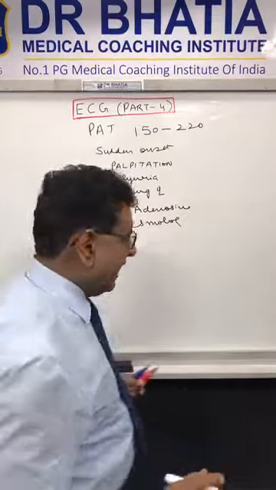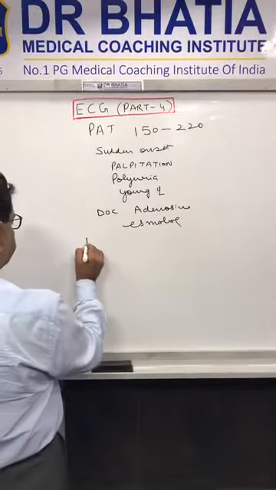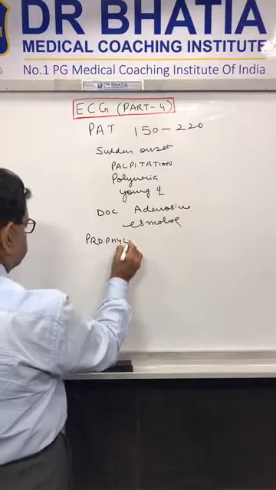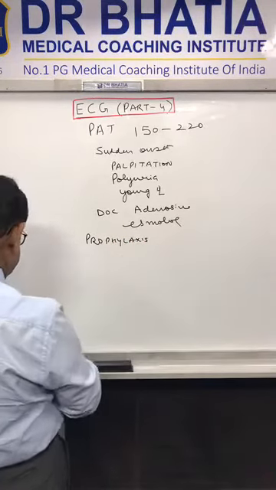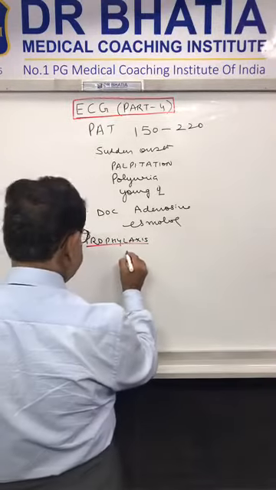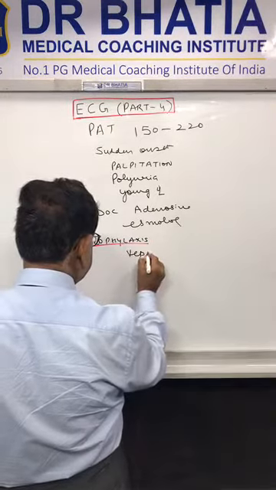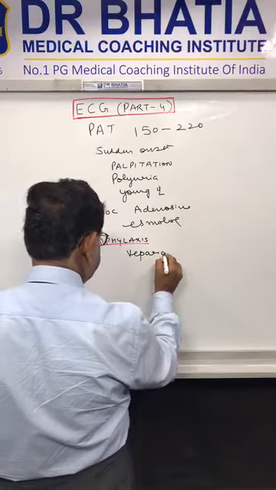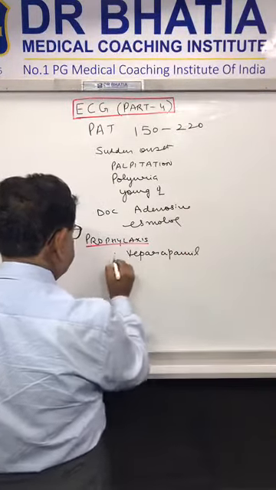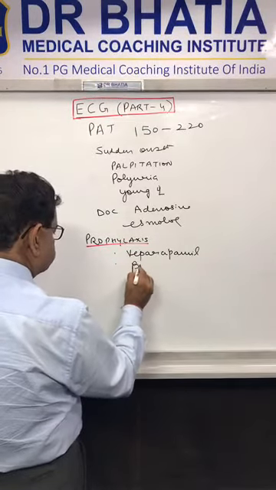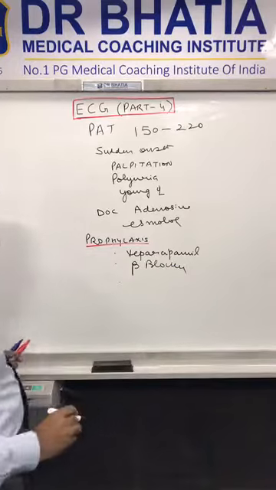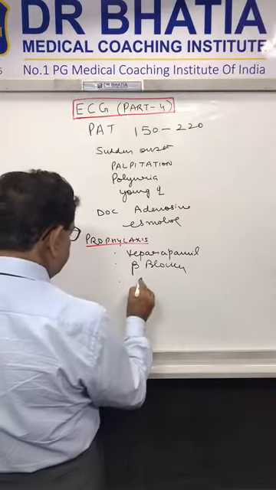But for prophylaxis, we use verapamil. We can use beta blockers. We can use amiodarone.